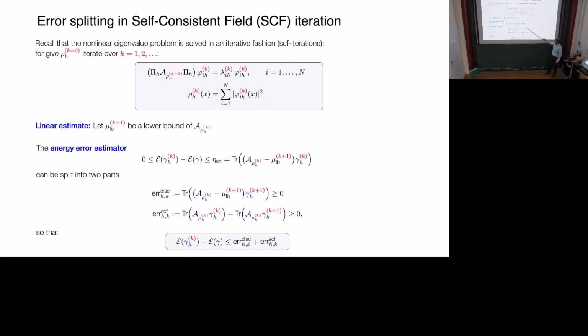By adding this term together with this and subtracting, you have two error contributions that you can sum up, and you can show that if you don't have any discretization error, then this term must be 0. And if you don't have any nonlinear error in this nonlinear iteration scheme, then this guy is equal to that, and this is 0. So they have their meanings. This quantifies the error from the discretization, and this the error from the nonlinear iteration.